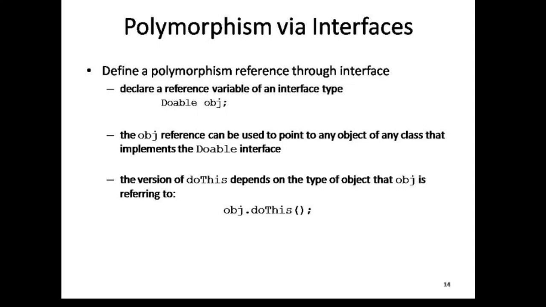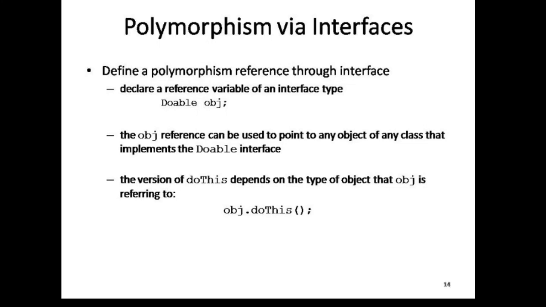But first of all, what we have done is we have made an object of an interface type, that is doable, and we have named that object obj. This obj reference can be used to point to any object of any class that implements the doable interface. The version of do this depends on the type of object that obj is referring to.